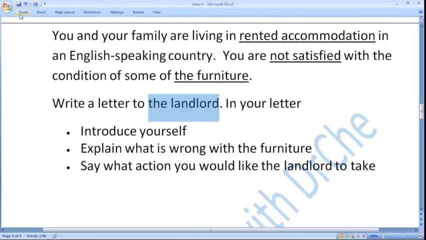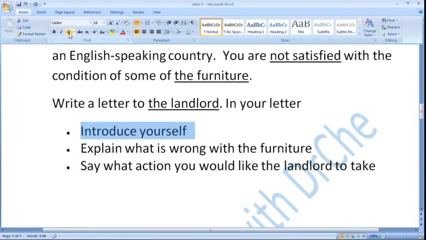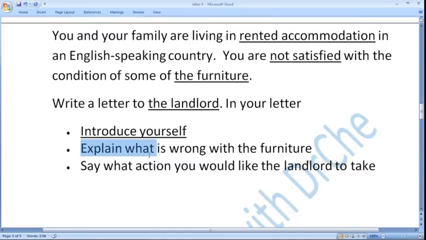The reader of the letter is very important. In your letter, first of all, you introduce yourself, then explain what is wrong, then say what action you would like the landlord to take. So these are keywords that you have to keep in your mind while planning and while writing your letter.